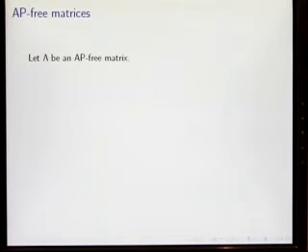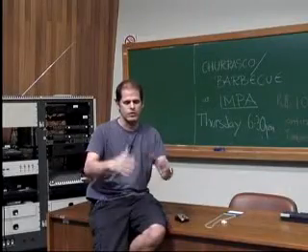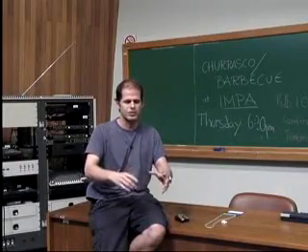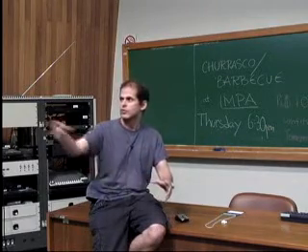For AP3 matrices, quadratic convergence happens uniformly, as we saw, and cubic convergence almost does. I mean, we are going to have cubic convergence, but not uniformly in the most natural sense you would expect. That you say you have a constant c such that this error is c times the cube of the error of the previous step.